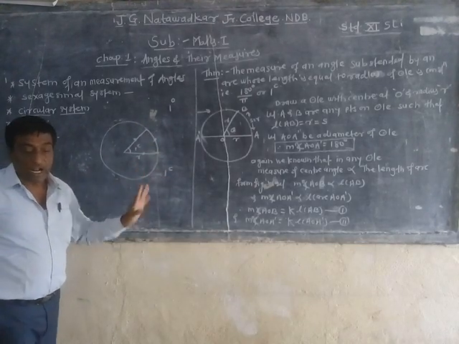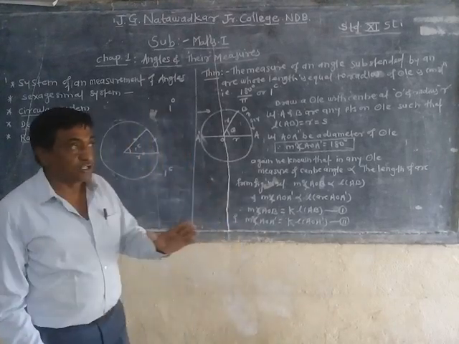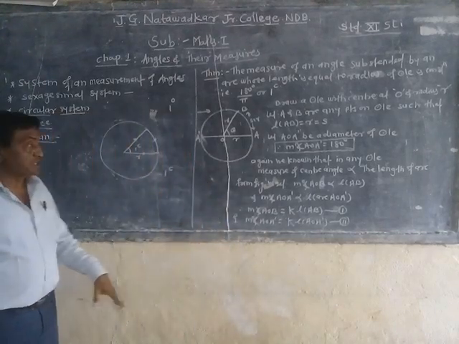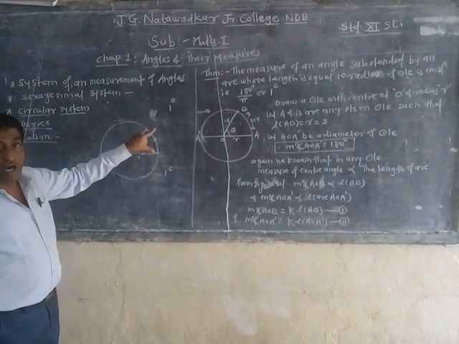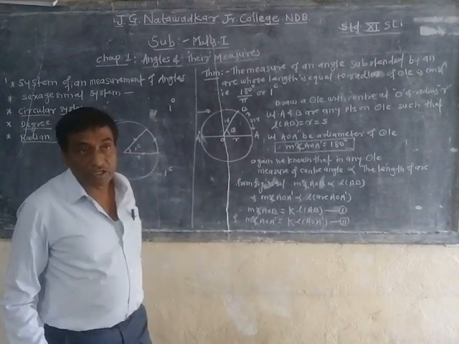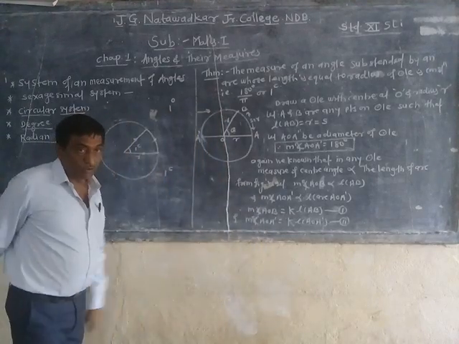Understood radian? A radian is the measure of an angle subtended at the center of a circle in which the arc length is equal to the radius. Such a measure of an angle is known as 1 radian, and it is denoted by 1 radian.